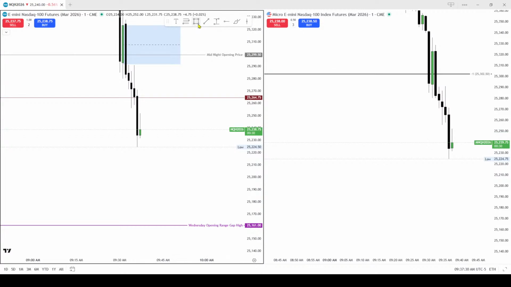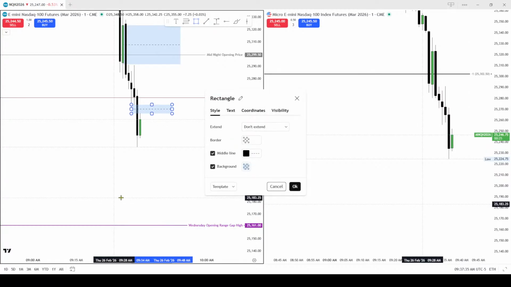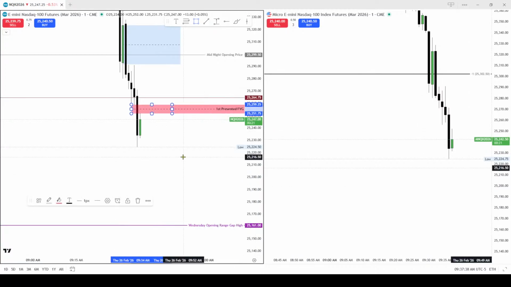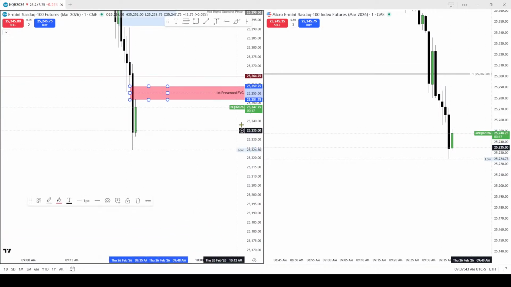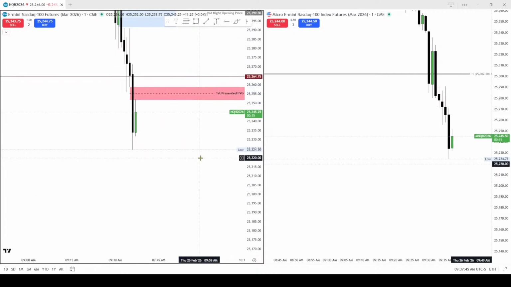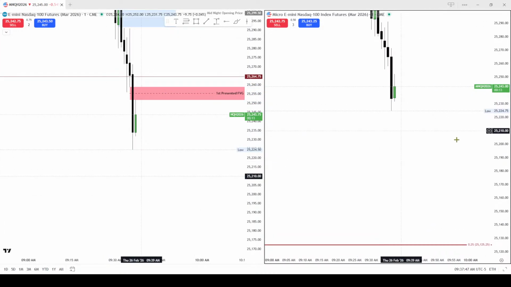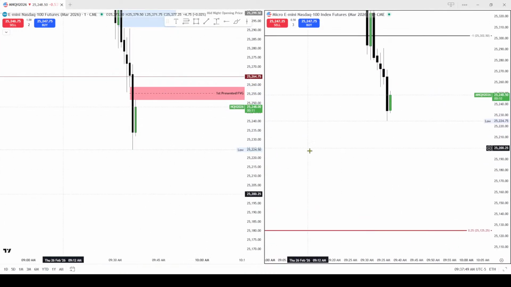So most likely our first presented fair value gap would be this gap right here. So we'll see if that can give us the opportunity to sell off into yesterday's opening range gap.